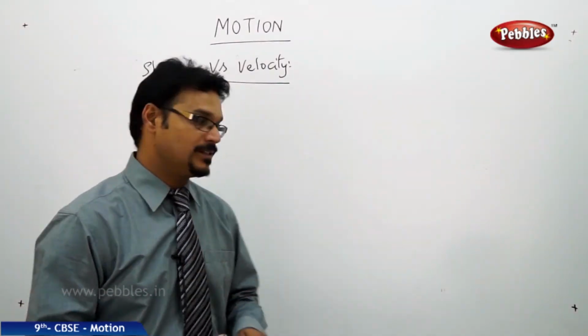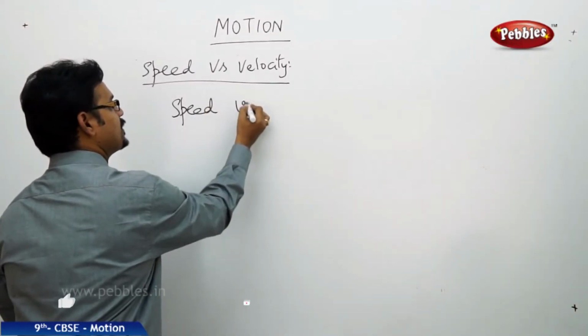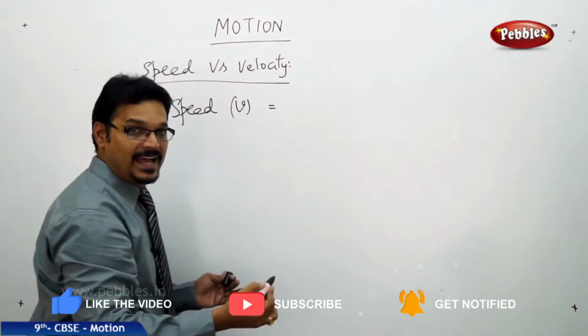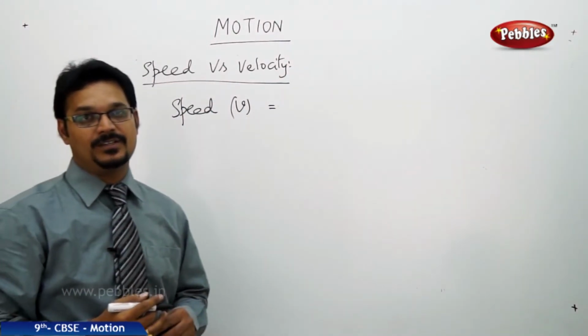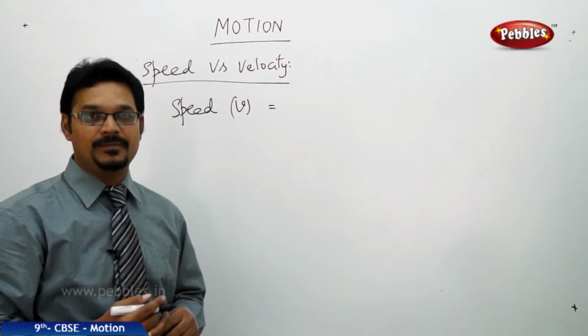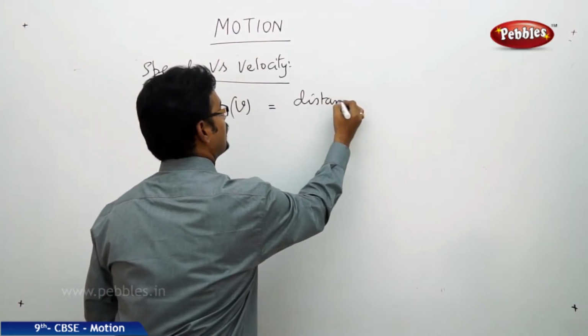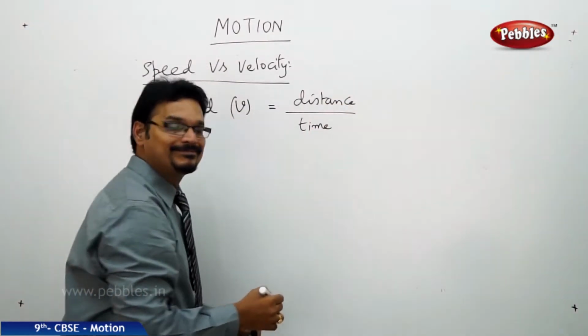So what is speed? Speed, which is represented by the symbol V, is defined as the ratio of distance and time. That means distance divided by time.